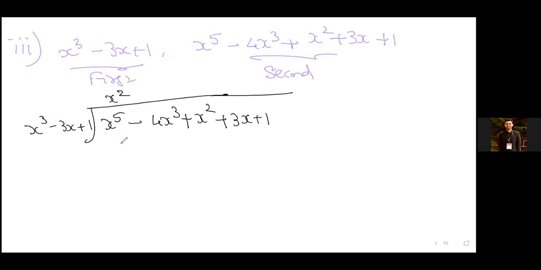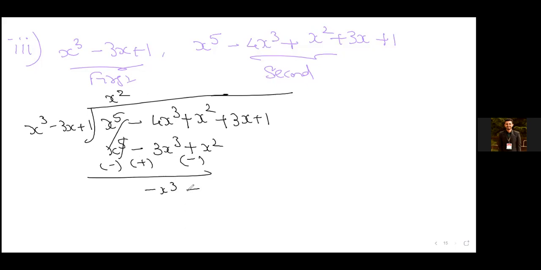First multiply with x square to this, you will get x to the power 5 minus 3x cube plus x square. The remainder will be x cube plus 3x plus 1.